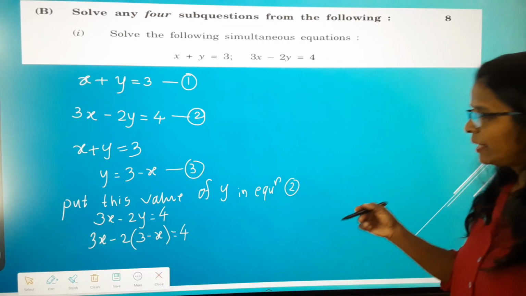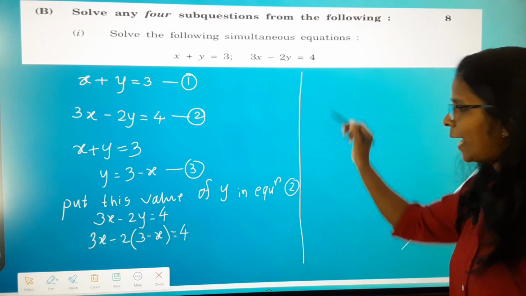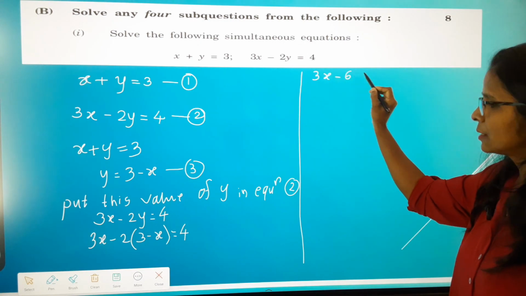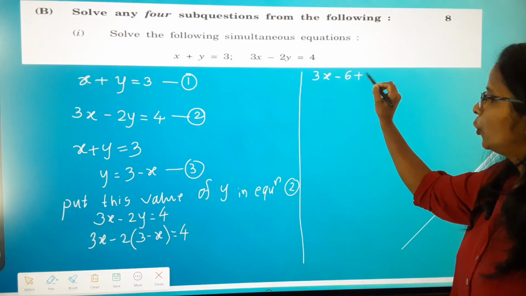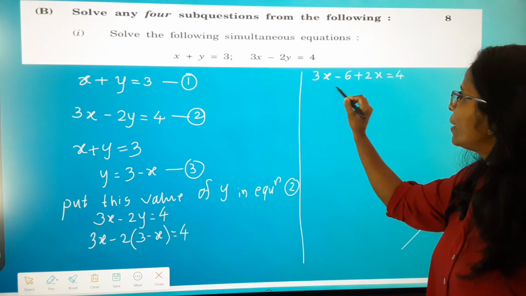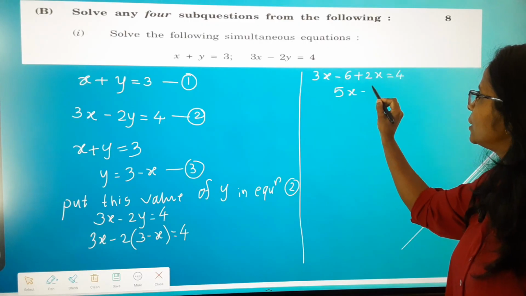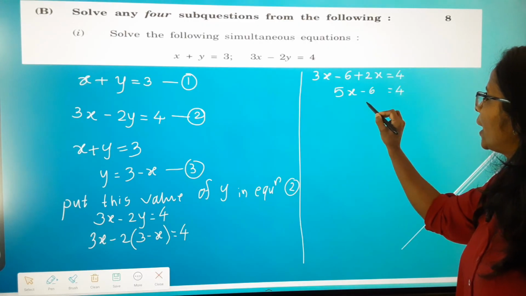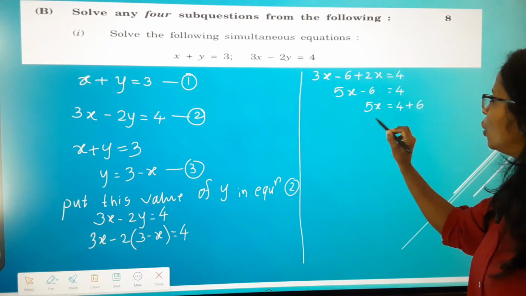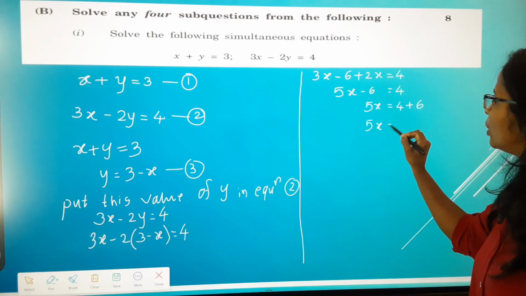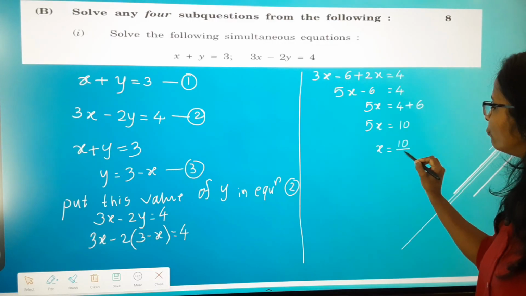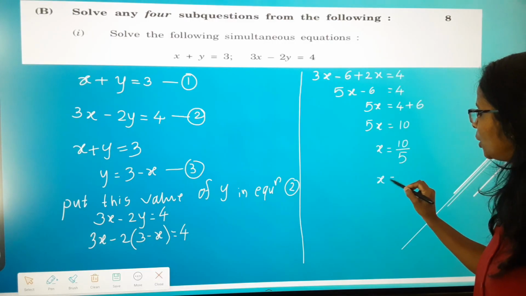Simplify it: 3x minus 6 plus 2x is equal to 4. So 3x plus 2x is 5x minus 6 is equal to 4, and 5x is equal to 4 plus 6. So 5x is equal to 10, that means x is equal to 10 upon 5. So x is equal to 2.